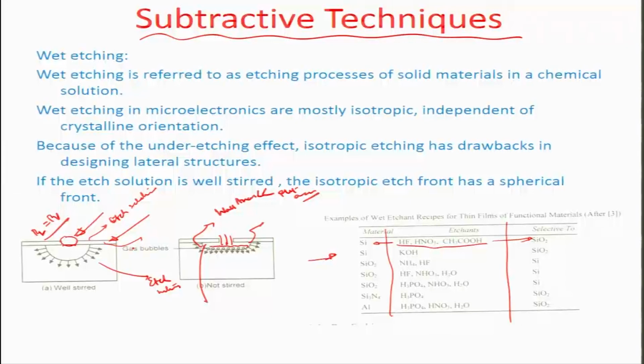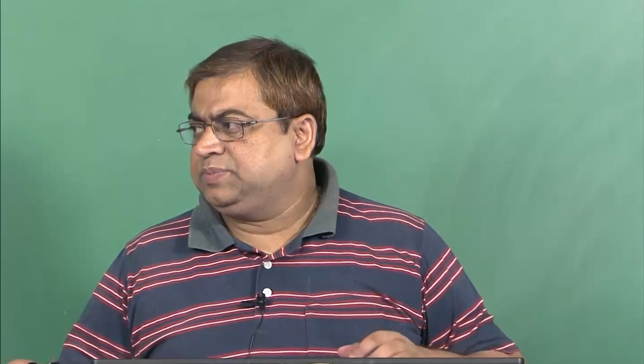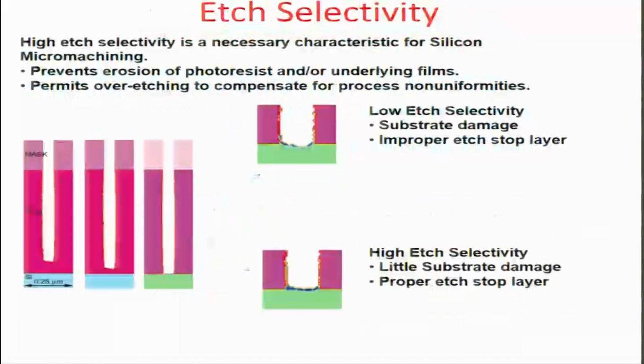It could be a resist, or some kind of layer which is selective to a certain etchant, but it has to be designed so that the via or the opening is not exactly the same as the size of the feature that you are intending to obtain, but slightly smaller than that. So, this is how subtractive techniques, or wet etching, can be grouped.